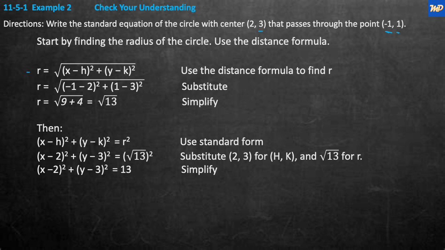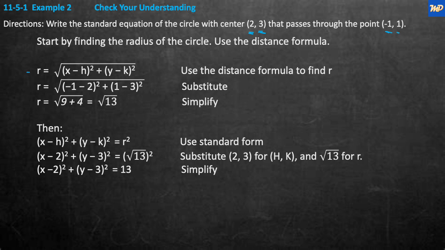So x minus 2, plus y minus 3, here are the 2 and the 3 up here at the top, squared, and that equals the square root of 13 squared. Then we simplify: x minus 2 squared plus y minus 3 squared is equal to 13, because the square root of 13 squared is 13.